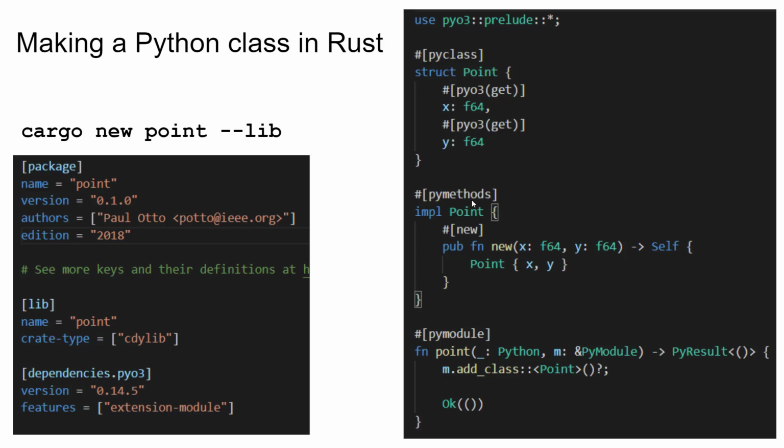And you can also define the methods within the Python class by implementing the new function and saying that this new function will be the initialization routine for the Python class. Again, we add a Python module attribute, and then similar to what we did with adding functions, we instead just add a class. And this is a demo now, the building of the class and then running it in the REPL.